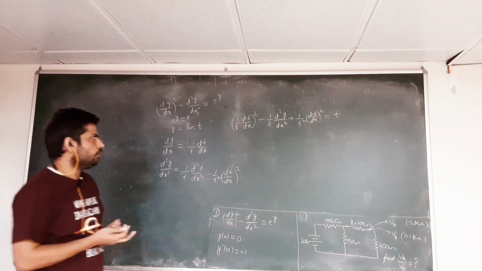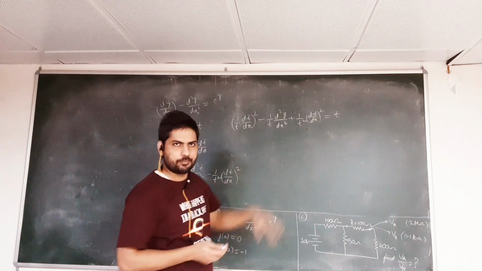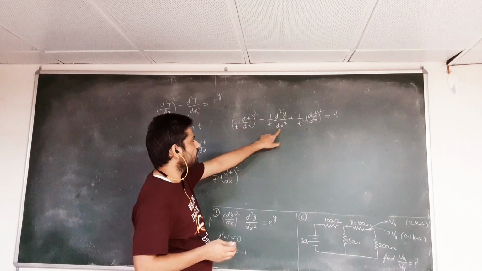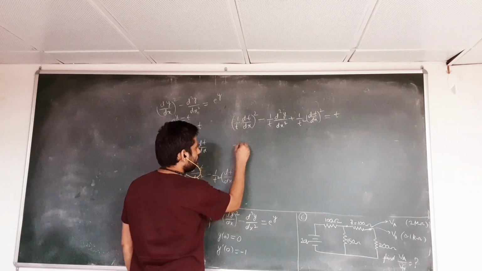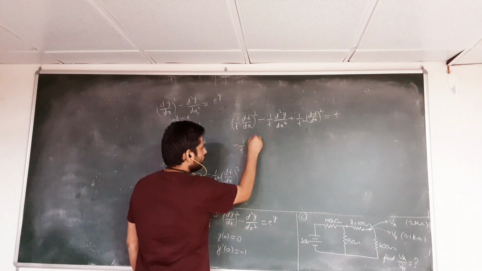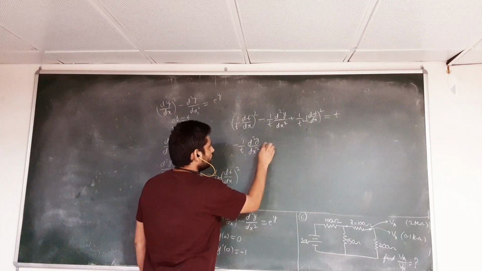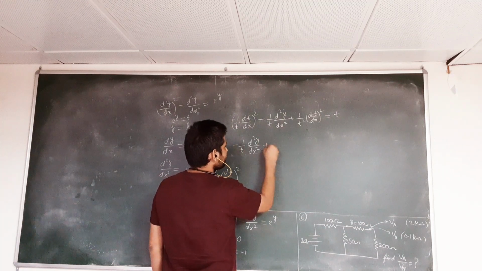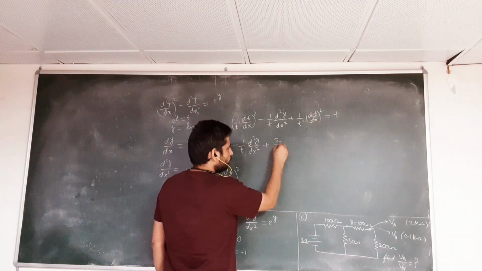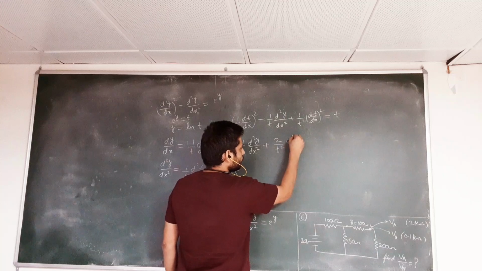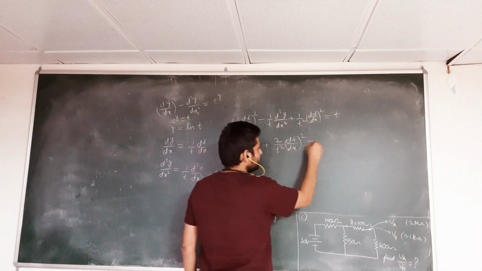Now what we can do, this term and this term are equivalent, we can add them, and we can take this term here. So we will have minus 1 by t d2y by dx square is equal to, these two will be added, plus this is actually a 1 by t square term only, so we can add directly 2 by t square dt by dx whole square, and that equals t.